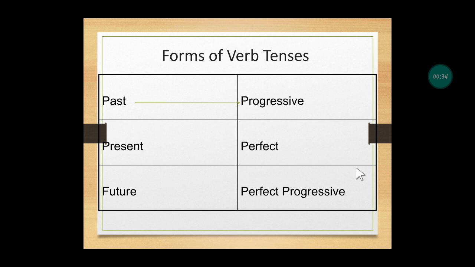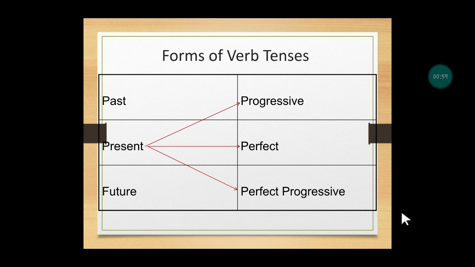Past progressive tense, past perfect tense, past perfect progressive tense. These are the forms of the past tense. Present progressive tense, present perfect tense, present perfect continuous tense.